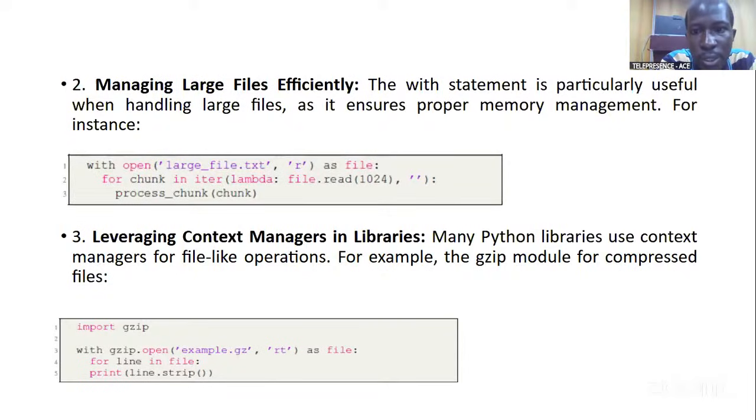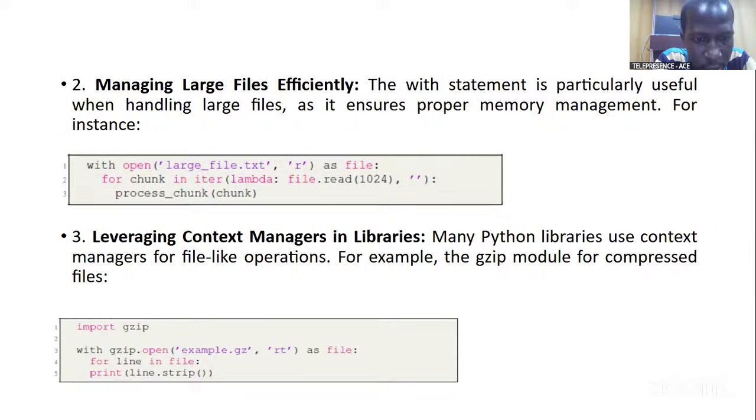efficiently. The with statement is particularly useful when handling large files, as it ensures proper memory management. For instance, we have with open large, that's the name of the file. You want to read it, and for chunk in this and that, lambda.